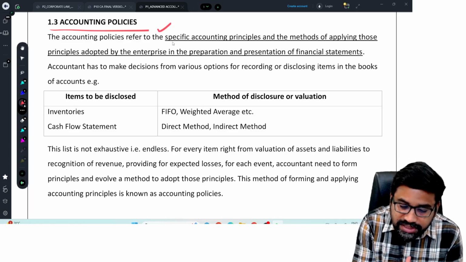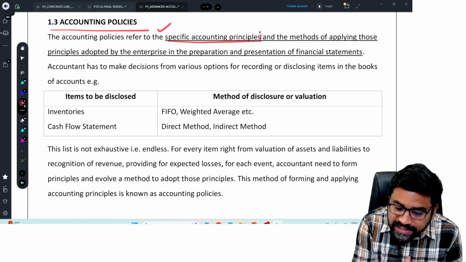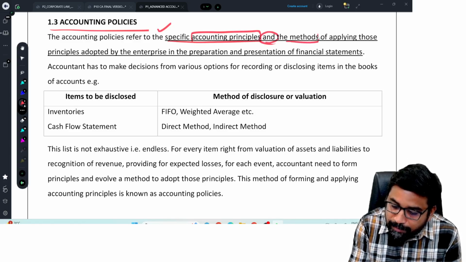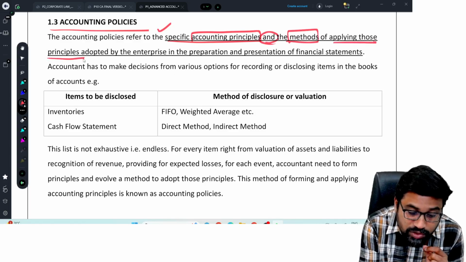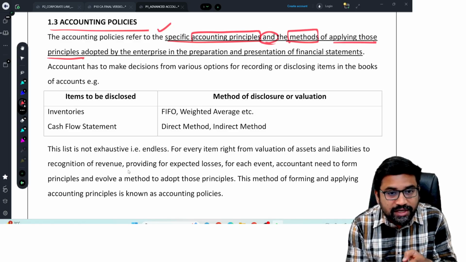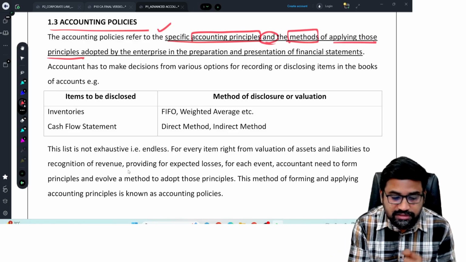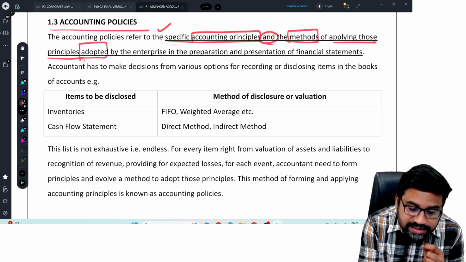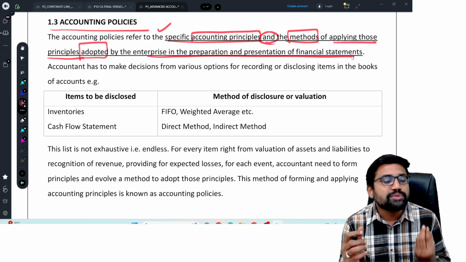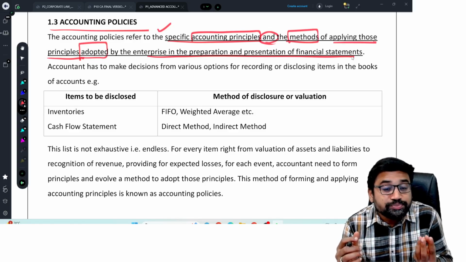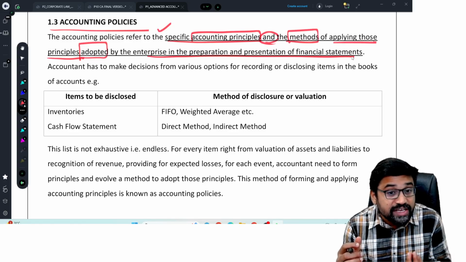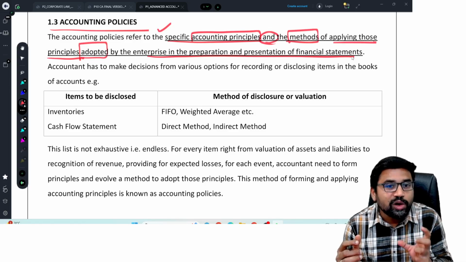Accounting policies are specific accounting principles, rules, and the methods of applying those principles adopted by the enterprise in the preparation and presentation of financial statements. So in the preparation and presentation of financial statements, which principles and which methods are adopted by the enterprise for preparation of its financial statements? They are all called accounting policy.